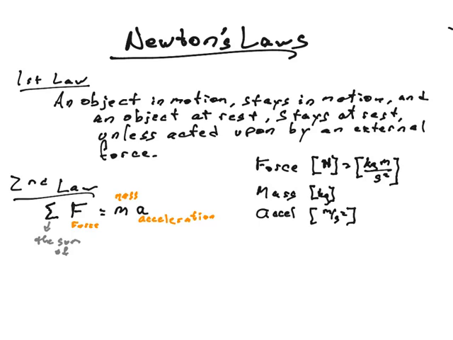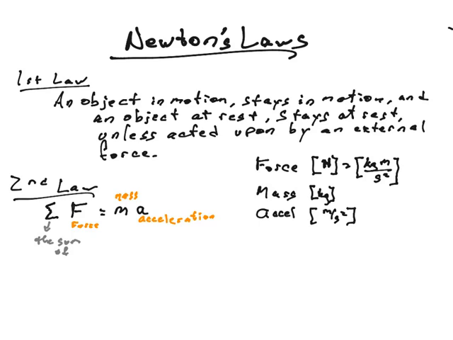This is going to be one of two big equations we use for this chapter. Only two equations, really, we're going to have to know to solve all the problems for this chapter. This is one of them, F equals ma. It's one of the biggest equations in all of physics.